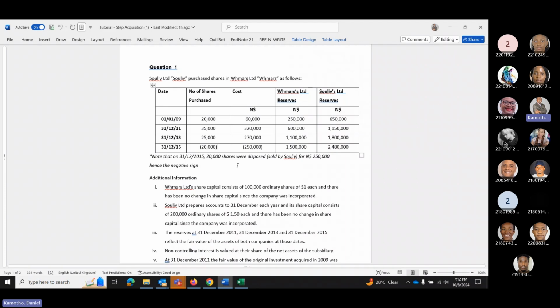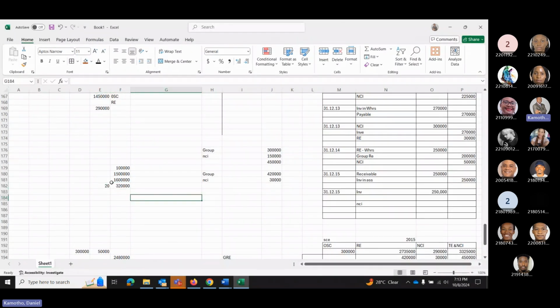Of course, we can work it out. That is easy. We are saying 20 is 320, so what is 40? Ideally the 40% is supposed to be 640, so we need to add another 20 to make it 40. Another 20 is 320. That's what NCI is going to increase by.